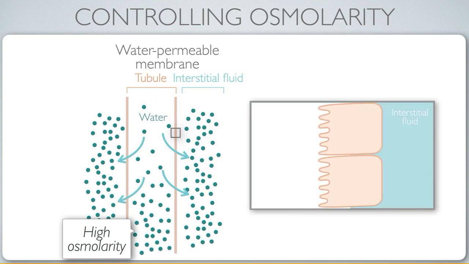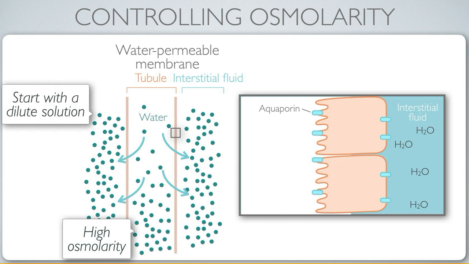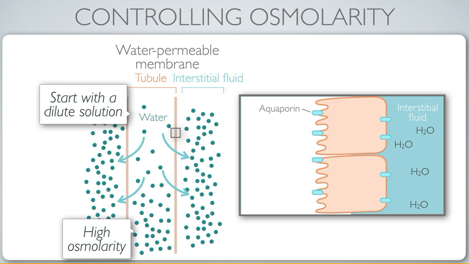If we zoom in on the membrane, we can see that these water channels are known as aquaporins. Aquaporins allow for water to move across both the apical and basal sides of these epithelial cells that compose the tubule wall. And so that allows the water to escape. All right, so here we started with a dilute solution. That's the filtrate, the stuff inside the tubule.